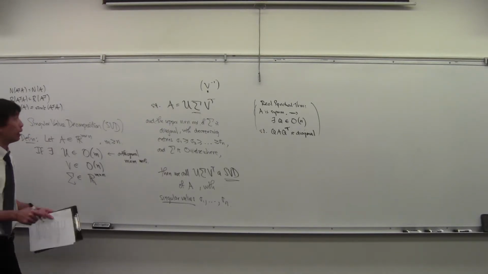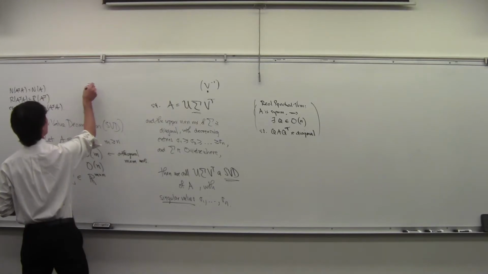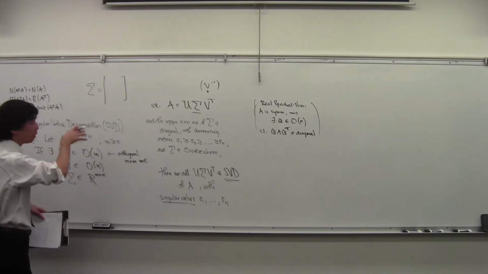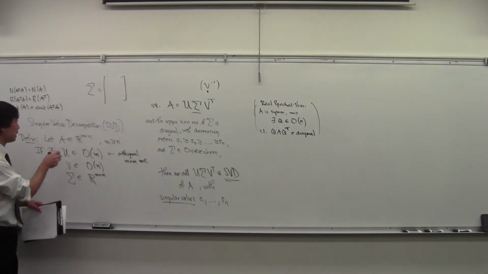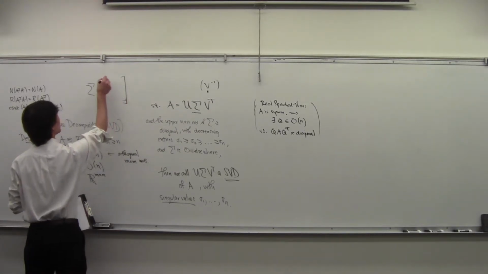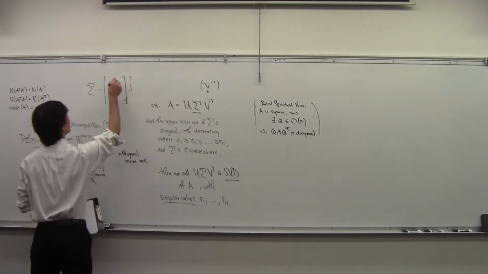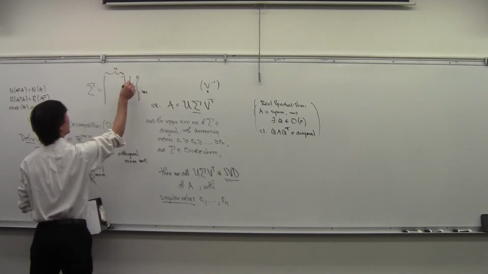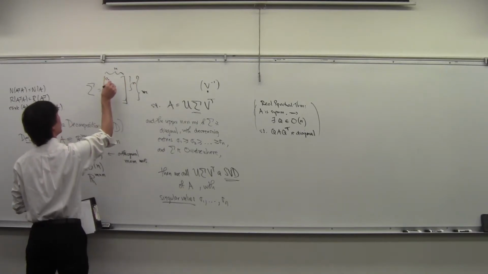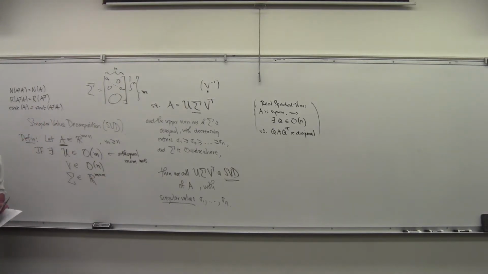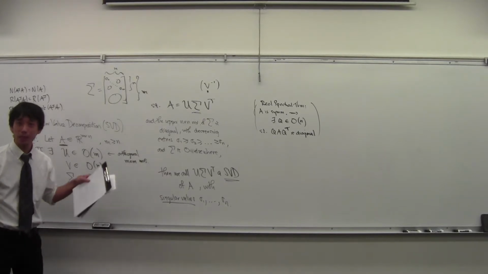So this sigma is also an m by n matrix. It's a tall matrix, the same size as A. This top part is diagonal, and then it's 0 elsewhere. So this is very much a diagonalization result.